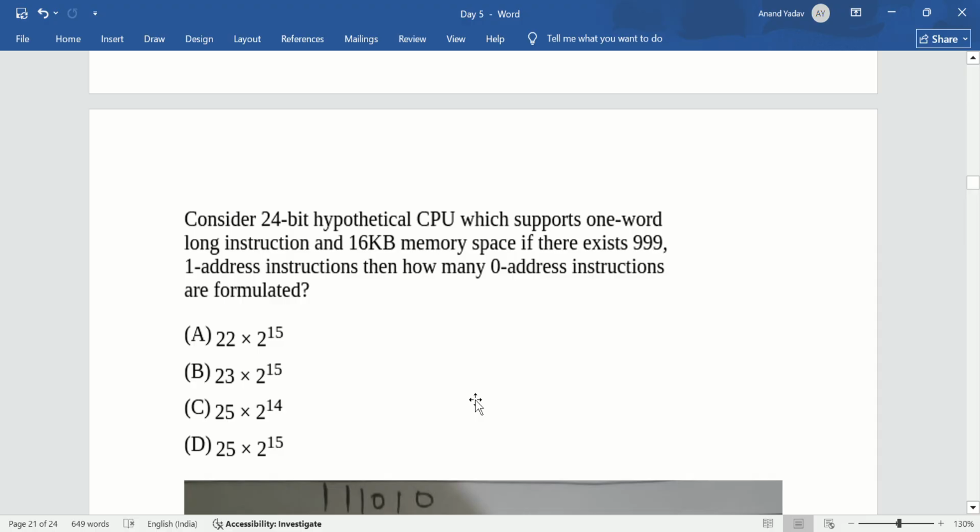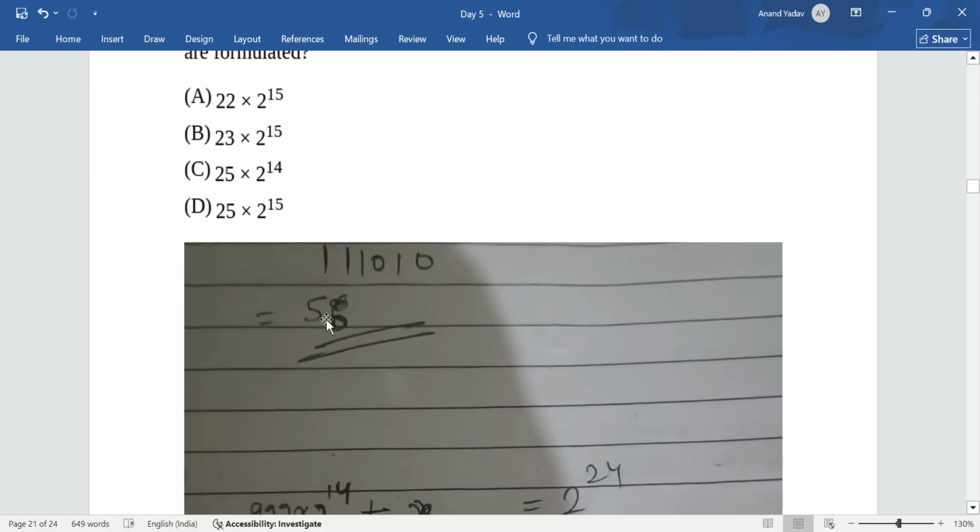Now, next one is: consider a 24-bit hypothetical CPU with support for one-word-long instructions and 16 KB memory space. If there exist 99 one-address instructions, then how many zero-address instructions can be formulated?